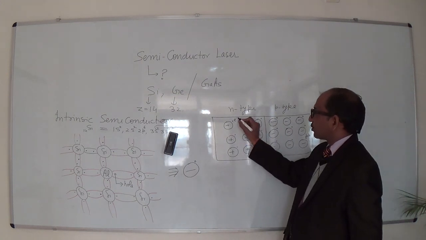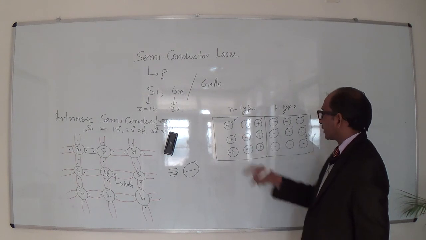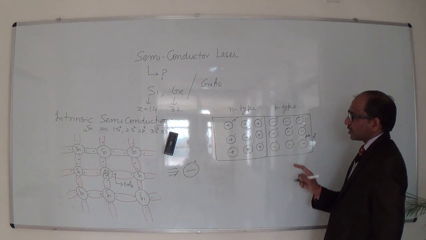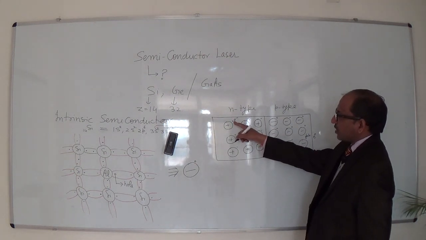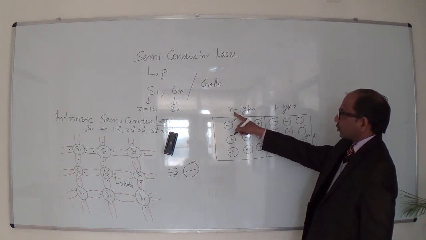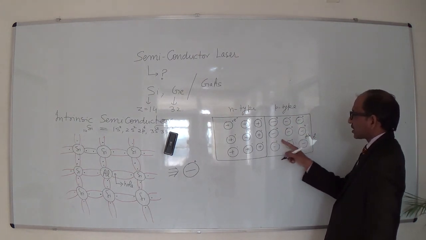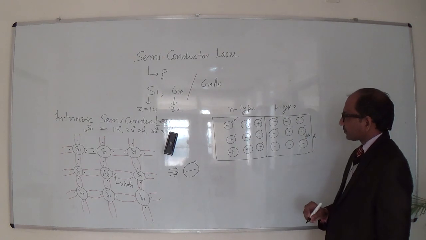Here these are electrons, so the charge is e minus. E minus electrons are majority charge carriers here, so this is n-type semiconductor. Here majority charge carriers are holes, so this is a p-type semiconductor.